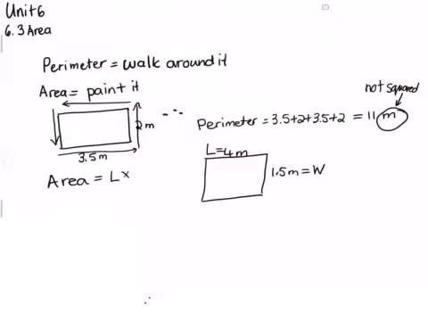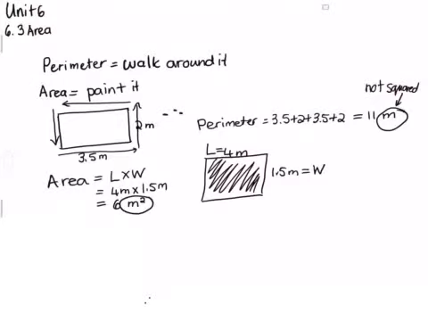Area is length times width. So for area, I don't just want to know the outside, I want to know the whole inside. So now I'm going to do 4 meters multiplied by 1.5 meters. 4 times 1.5 is 6, and meters times meters is meters squared.